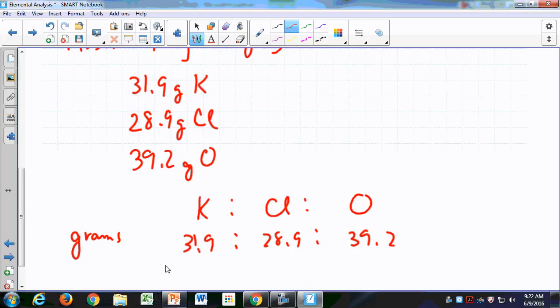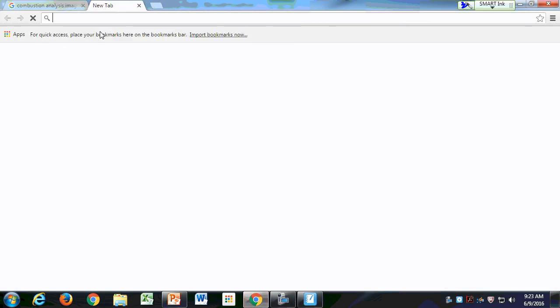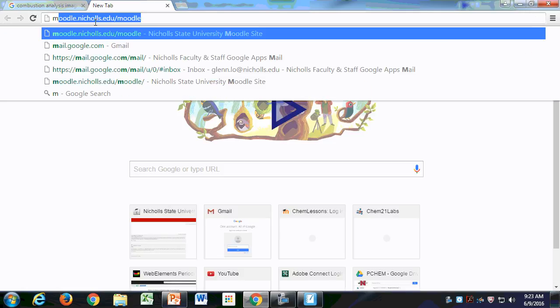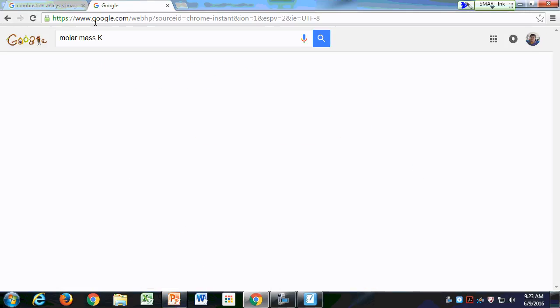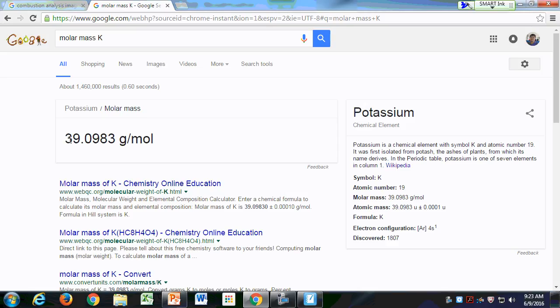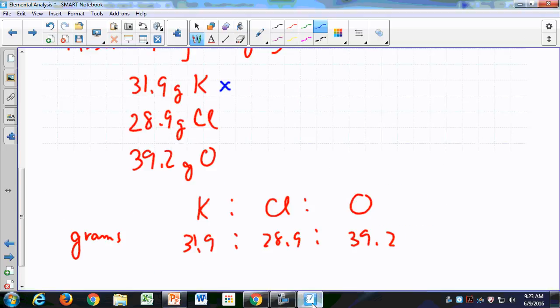So let's convert 31.9 grams of potassium into moles. Let's look up the molar masses. The molar mass of potassium, if you check your periodic table, is 39.098, so 39.10 grams per mole. So we multiply by 1 mole over 39.10 grams.